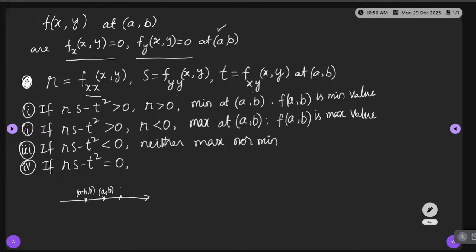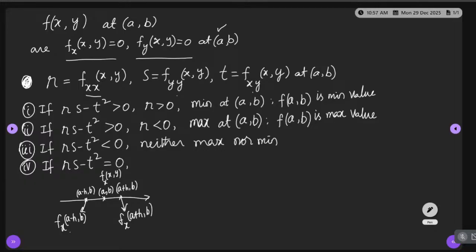At these points, find fx of A minus H, B and fx of A plus H, B. Along the x-axis, you have to verify the change of sign of fx of xy.